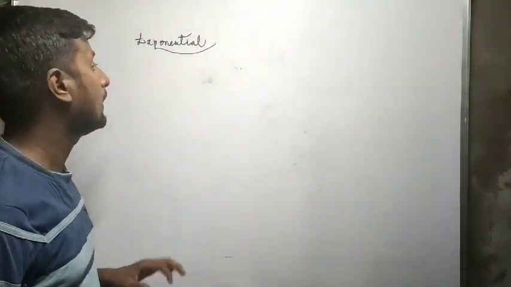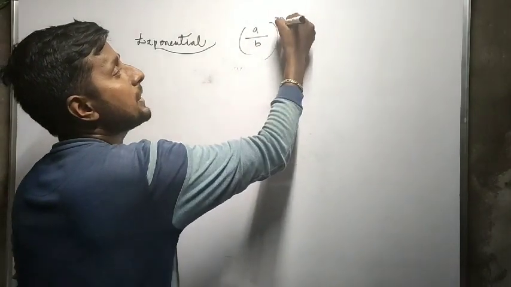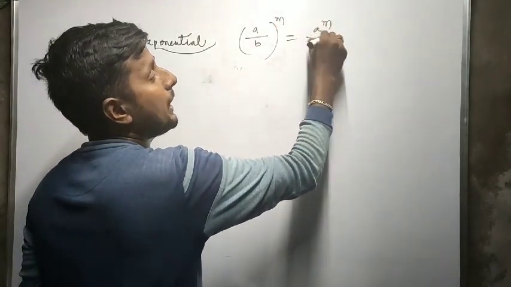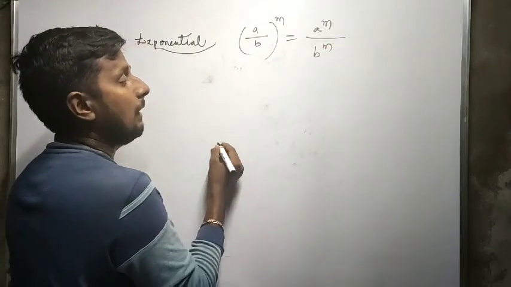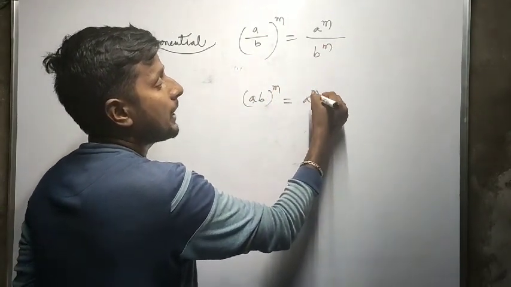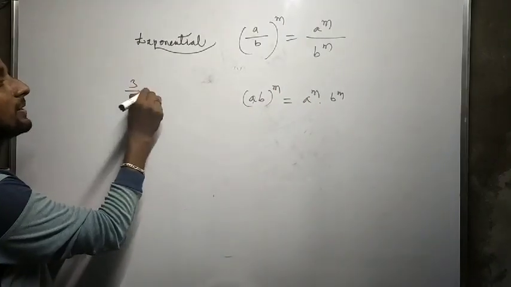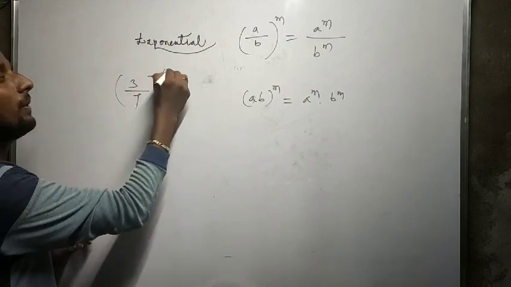Next, a by b whole power m is equal to a power m by b power m, or ab whole power m is equal to a power m into b power m. We'll see 2 examples. First example, 3 by 7 whole power 4.